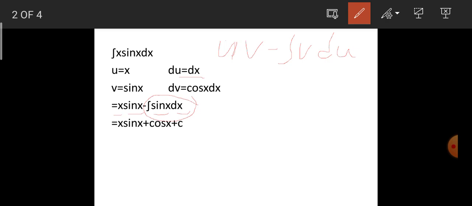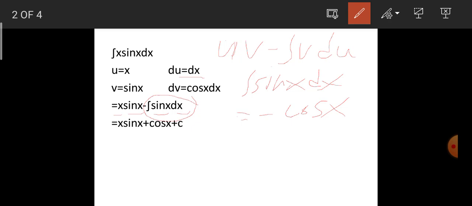So the integral of sine x dx is negative cosine x, which is the opposite of the derivative of cosine x, which is negative sine x.